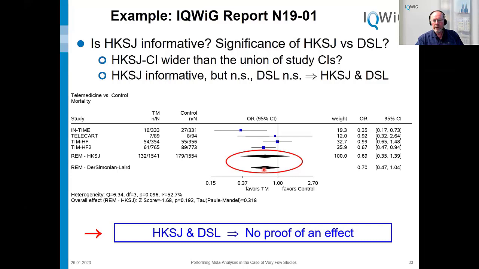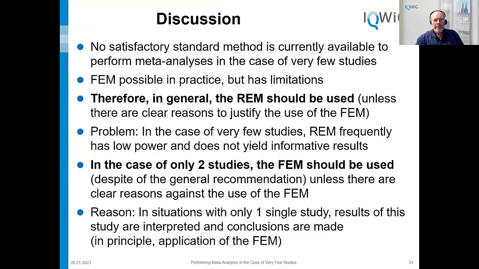We know that this interval is too small, but if even the too small interval is not significant, then based on both methods together we can conclude there is no proof of an effect. Because even if you use a method where the confidence interval is too small, if even this is not significant, then there is no proof of an effect in the end. This is the way we perform meta-analysis within IQWiG currently.